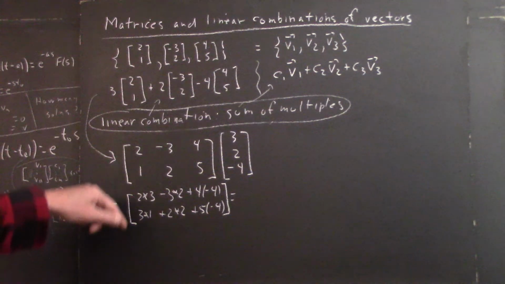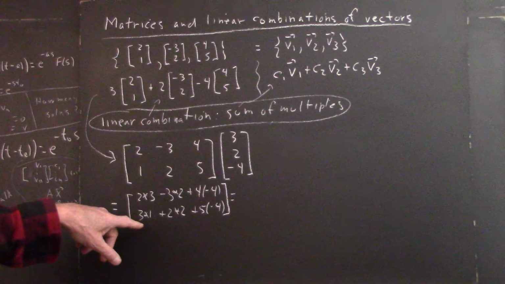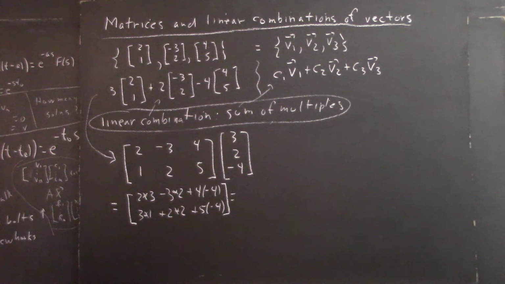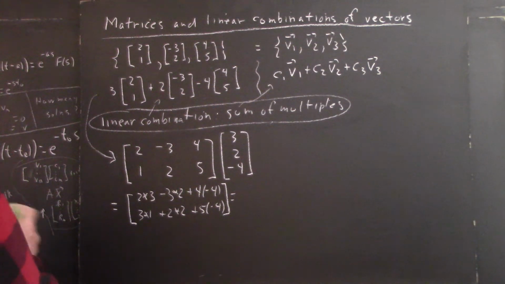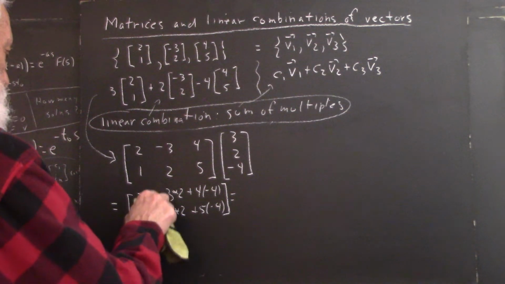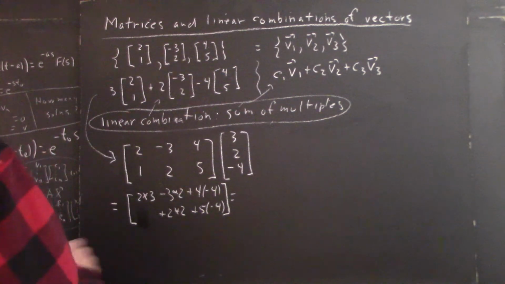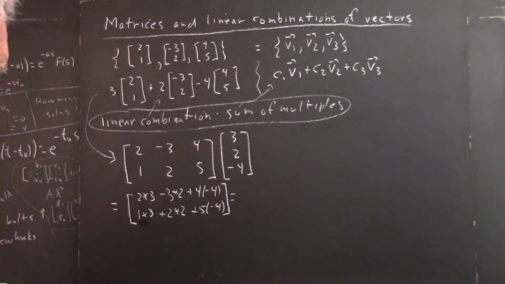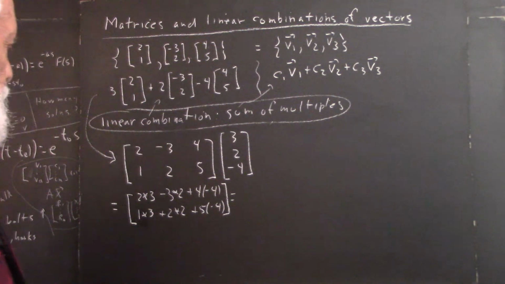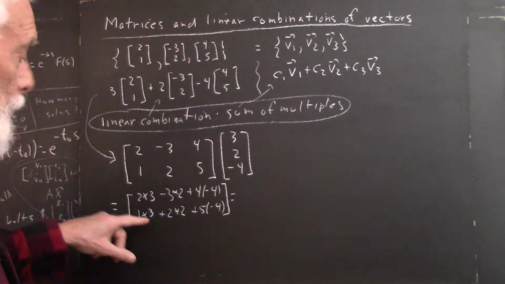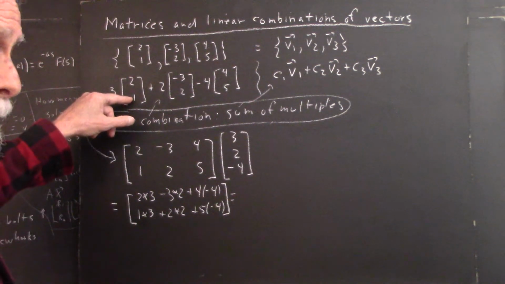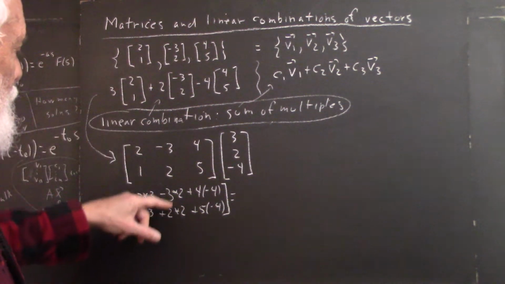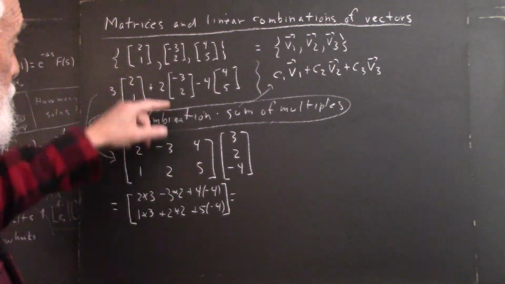Okay, and again, to keep things straight, I wrote this a little bit carelessly. It's right, but we want to do this as 1 times 3, so I can point out what I want to point out here. That we have 3 times 2, 1. Here we have 2 times negative 3, 2.